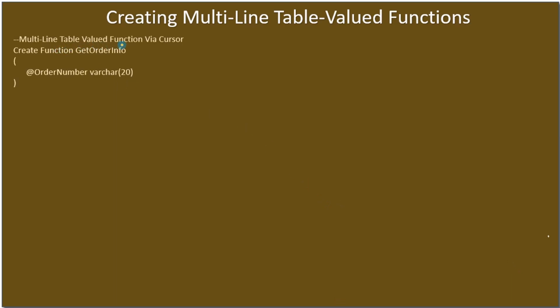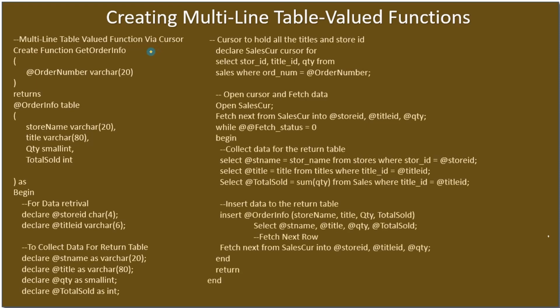So multi-line table function via cursor, the same stuff. Since we put a lot of markers in the previous slide, this time we are keeping it as an unmarked one. And now let us look at 2 things here. The first task here is deciding the function name and parameter, that was done here.